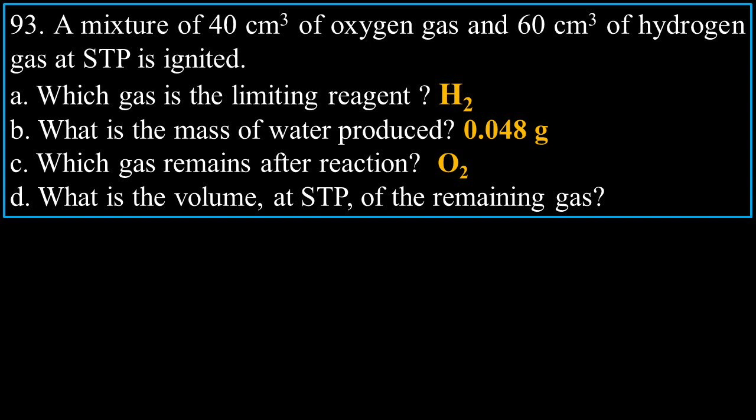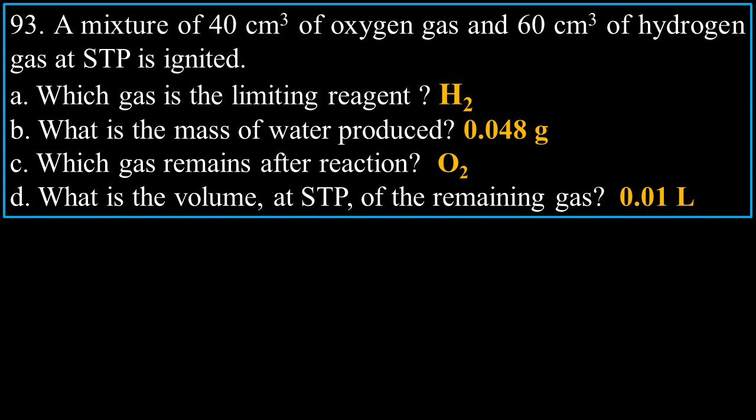And what is the volume remaining? So it should be 10 cubic centimeters of oxygen given those ratios. Let's review the problem. We used 60 cubic centimeters of hydrogen, and we started off with 40 cubic centimeters of oxygen.